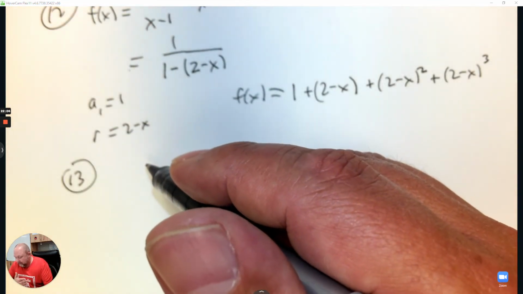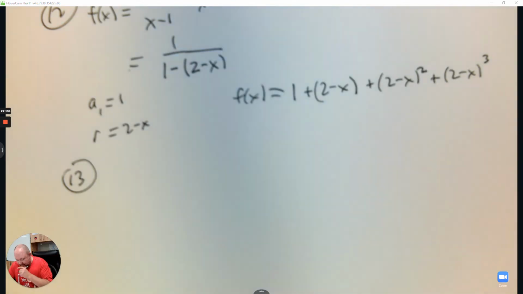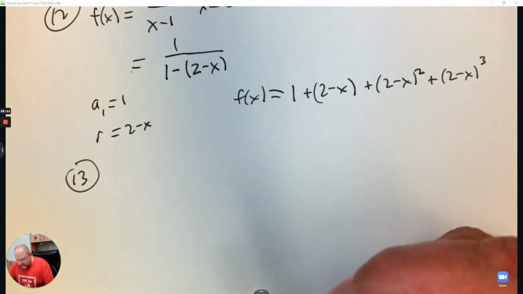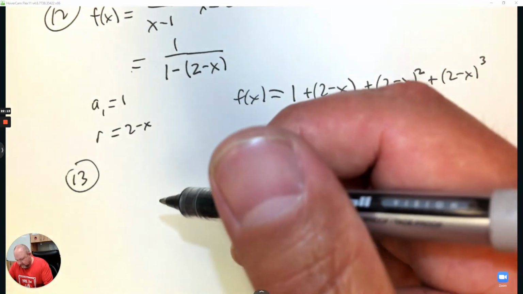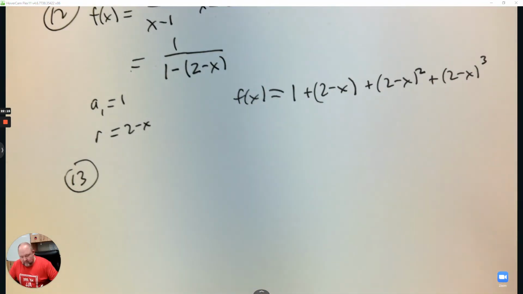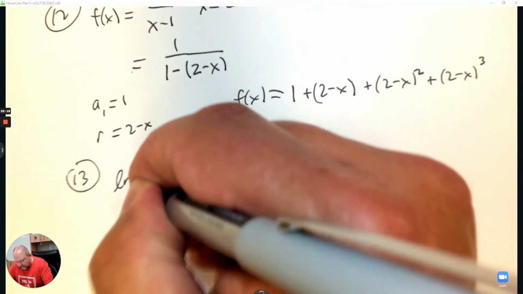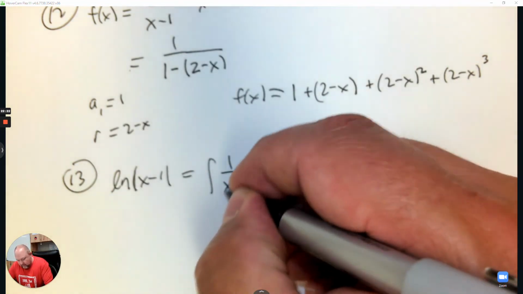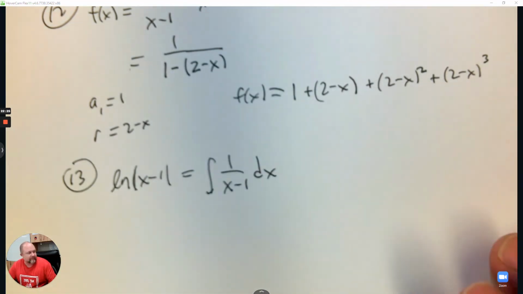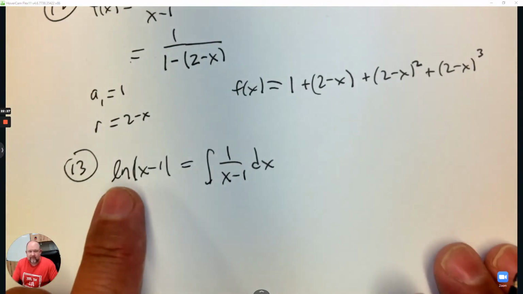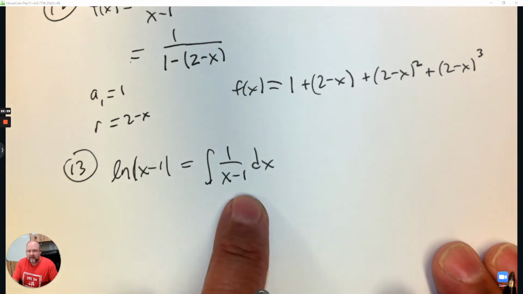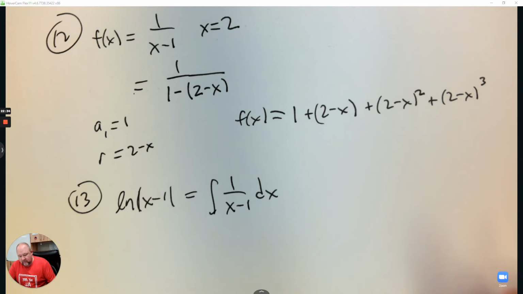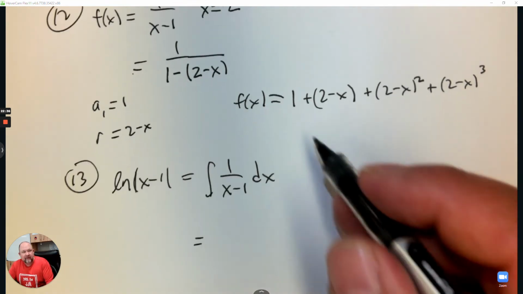Use the series from problem 12 to find 4 terms in the general terms of the series expansion about x equals 2 for ln x minus 1. So for ln x minus 1, if you integrate 1 over x minus 1, that's what it equals. So the integration of 1 over x minus 1 equals ln x minus 1. So all I would need to do then is integrate each one.